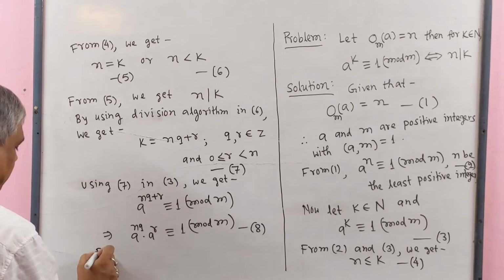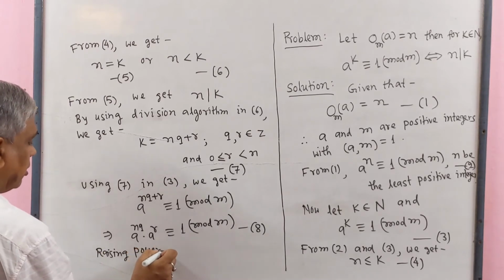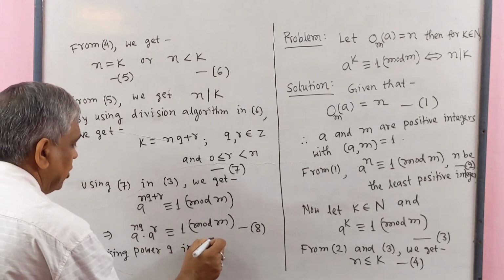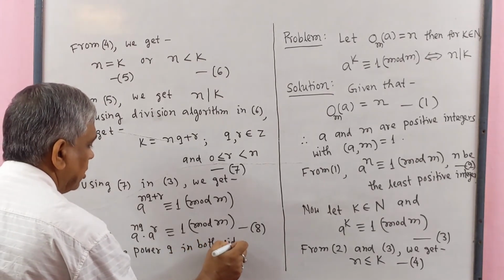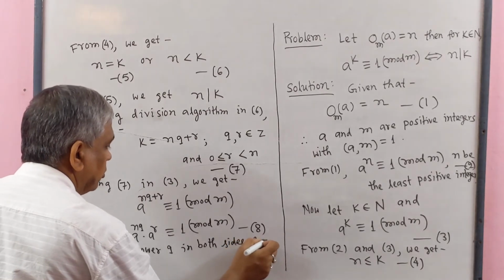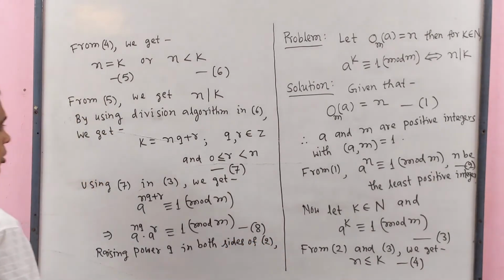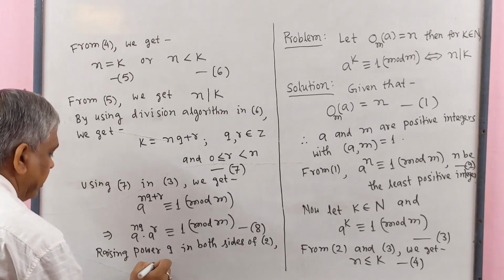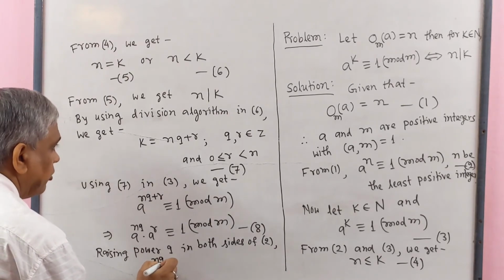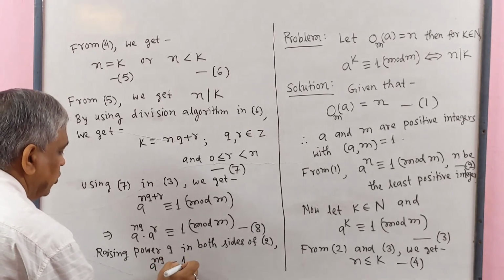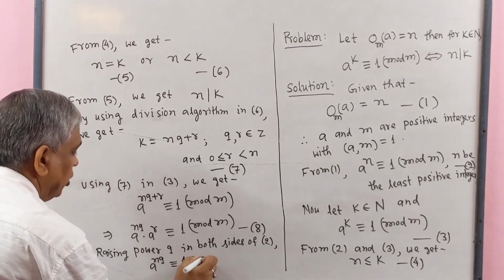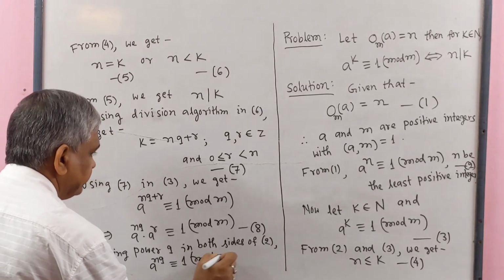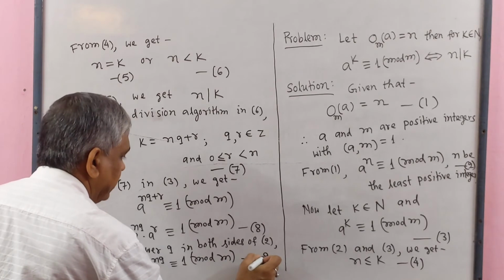Raising power Q on both sides of 2, A to the power NQ is congruent to 1 modulo M. This is number 9.